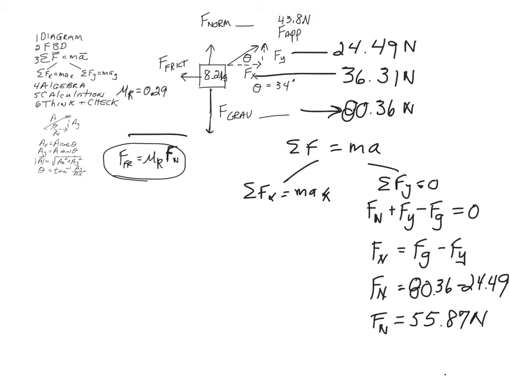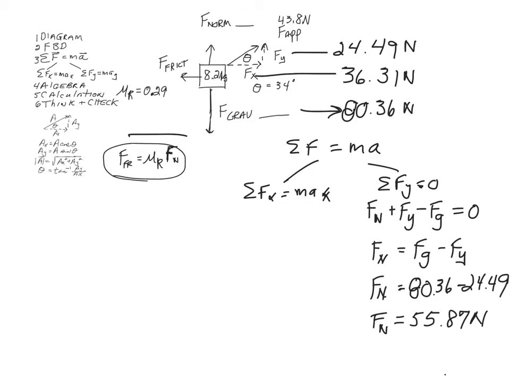What I know is that the normal force and the Fy force should be equal to gravity. Did I get that? Yes, the 24.49, which is up, and the 55.87, which was up, if I add those together, I get the 80.36, which is the gravity force down. So this looks good.